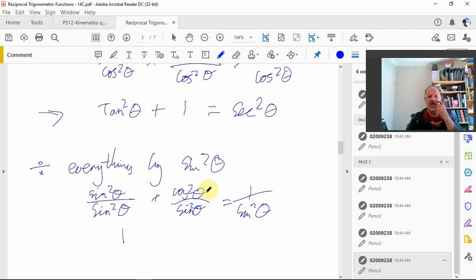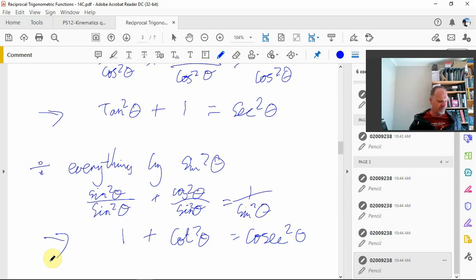Cos on sine, of course, is cot. So that's cot squared. And 1 on sine is cosec. So that's cosec squared. So there's another variation on the Pythagorean.